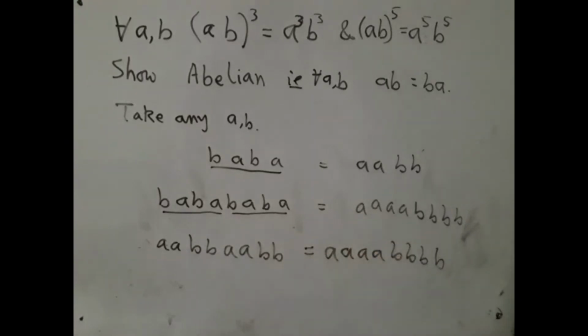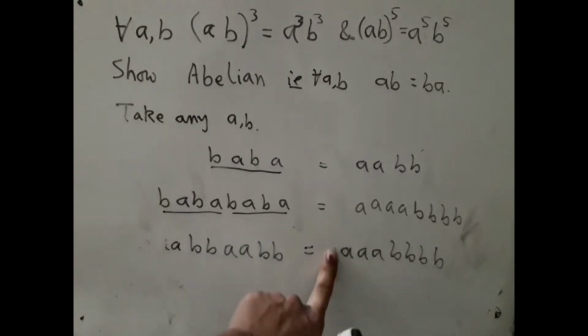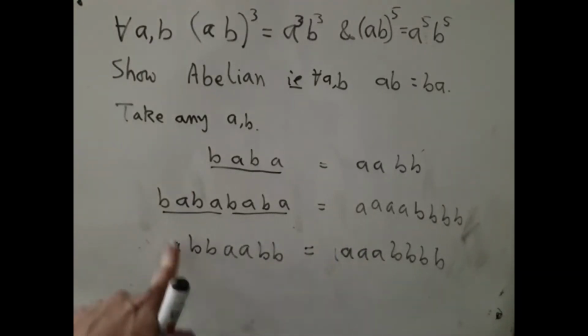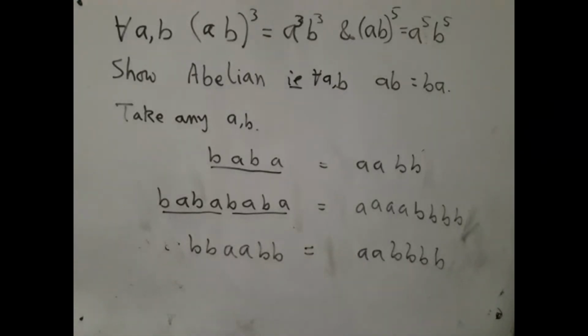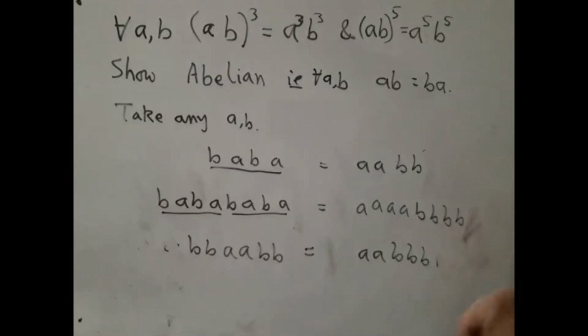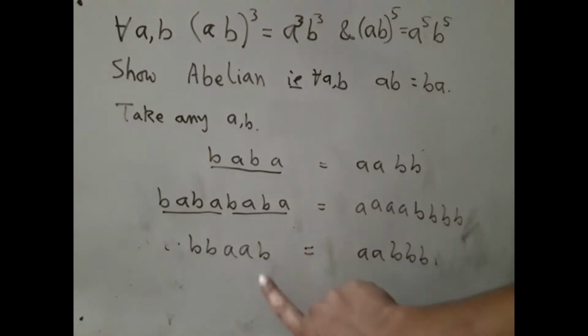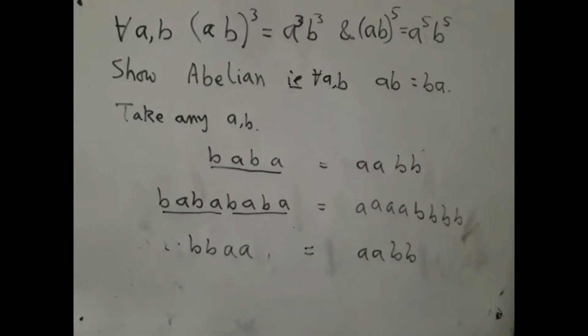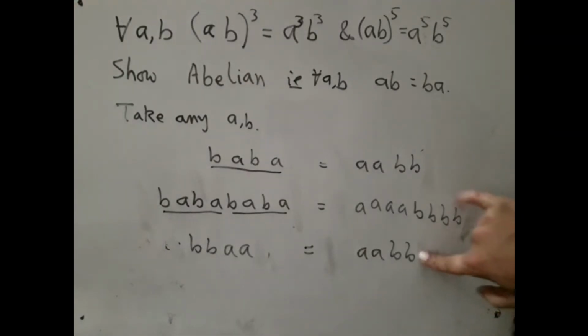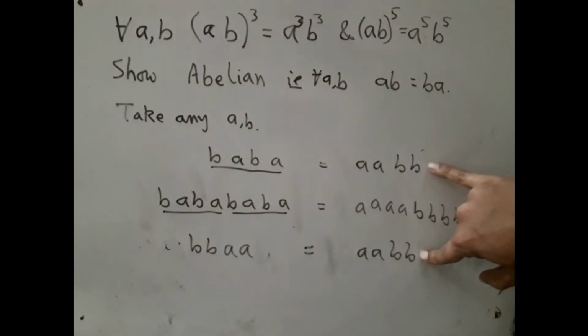Now, I can do some further cancellation. I can cancel this a with this a. I can see another a and another a. Now, I cannot cancel anything from the left further. From the right, b knocks off this b, another b knocks off this b. I cannot proceed any further. But now I observe that I have got aabb in the right hand side and here also I had aabb.